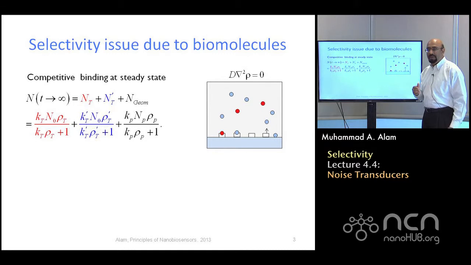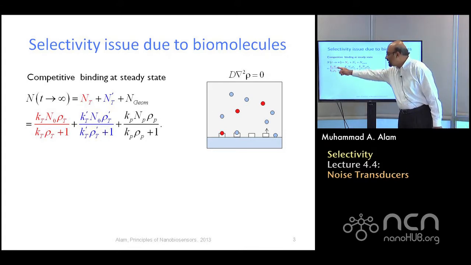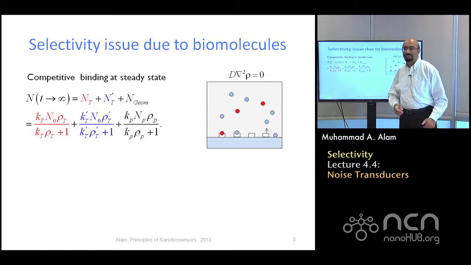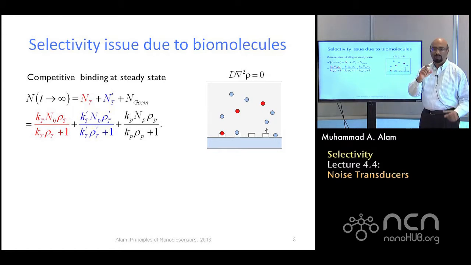Briefly, you may remember from the previous two slides that when the biomolecules land on the sensor surface, then of course we have the signal term in red. It means the correct biomolecule has attached to the correct receptors and the conjugation is what we're really looking for.